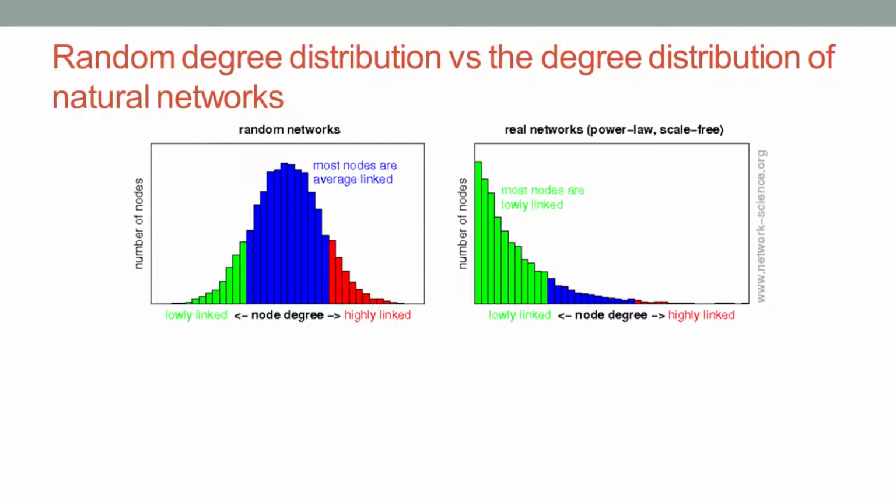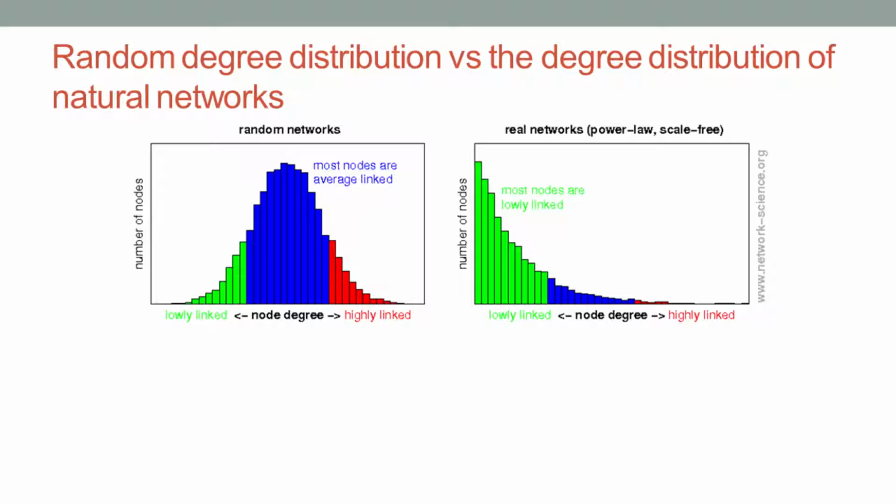Now this is quite different from a small world graph. If you look at, say, the green bars, and that represents low degree, then the number of nodes that have low degree is less than those that have the average degree, like we just discussed. However, for a real-world network, many of the nodes have low degree.